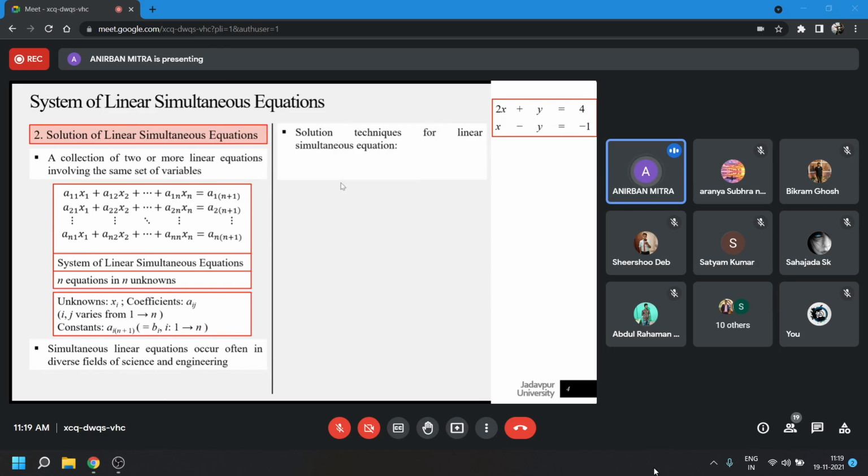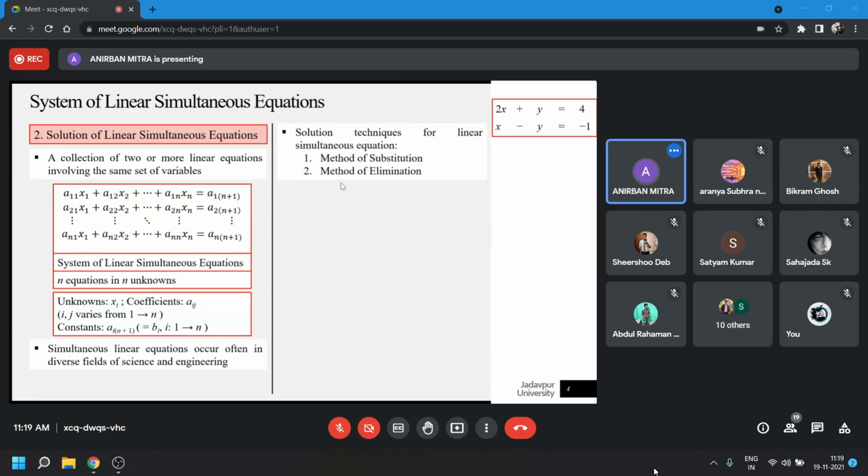The solution technique for such linear simultaneous equations may be method of substitution, where you actually express one of the variables in terms of the other, and then substitute that one variable in the other equation. So thereby getting rid of the second variable, and from there you can very easily solve for one of the variables.